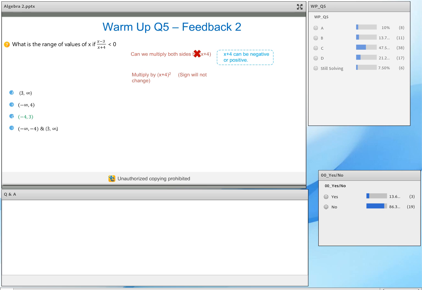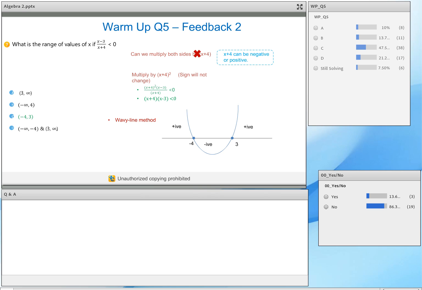So we can multiply both sides by x plus 4 whole square, and that gives us a quadratic inequality. And now we simply apply either the method that we used earlier or the wavy line method. I'm just going to show you the wavy line method here, and the answer that you get is minus 4 comma 3.